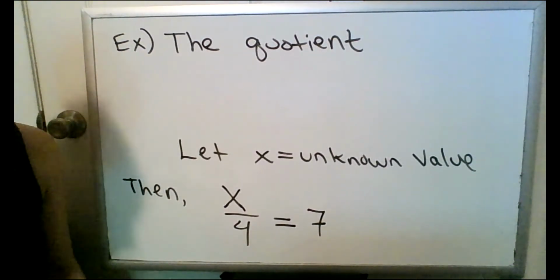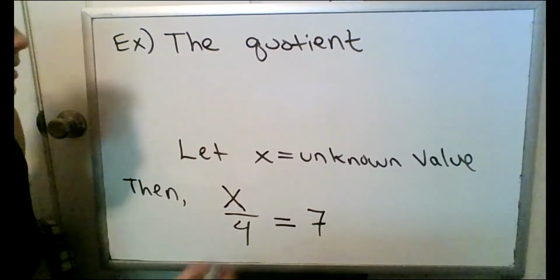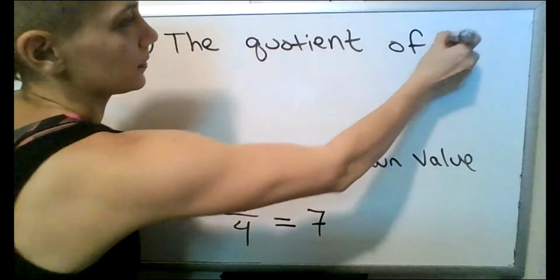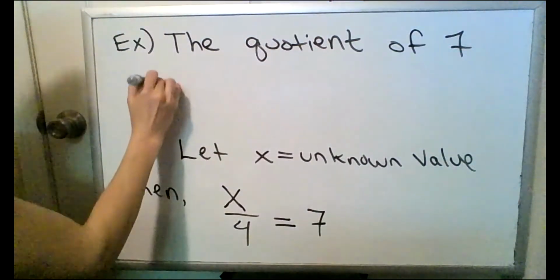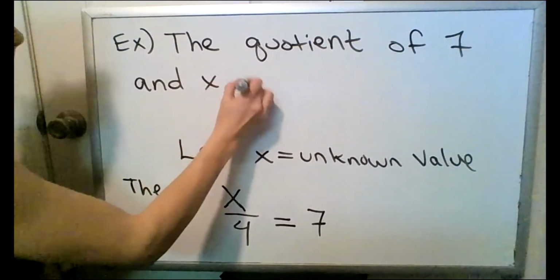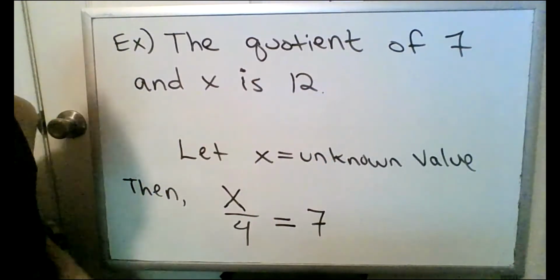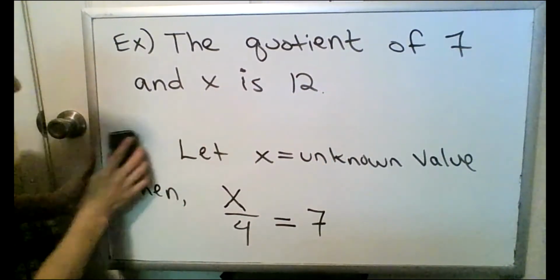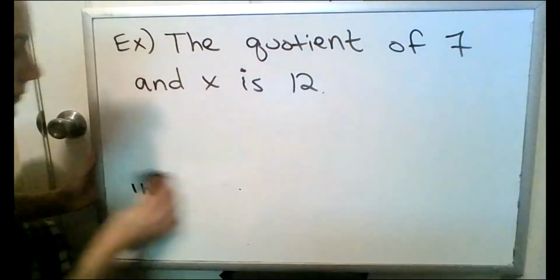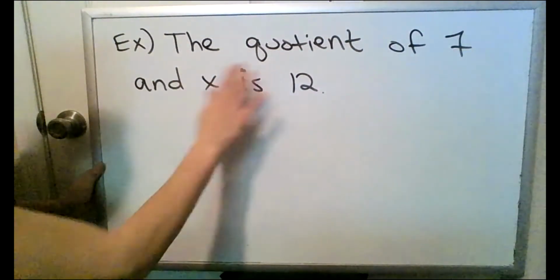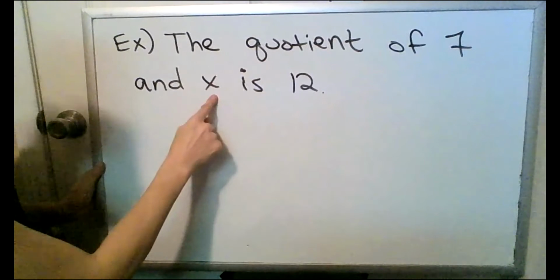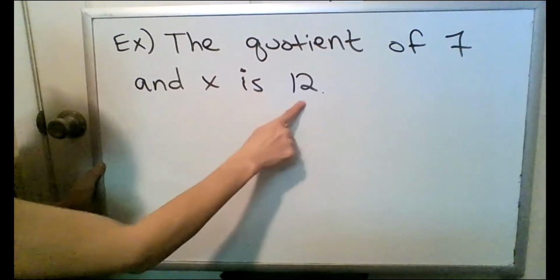So it's the quotient of 7 and x is 12. So we're dividing the first value by the following value and putting it equal to 12.